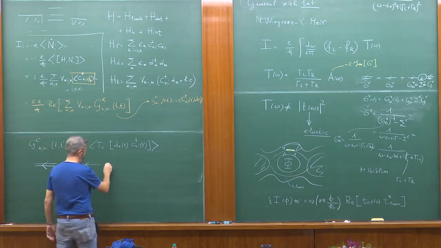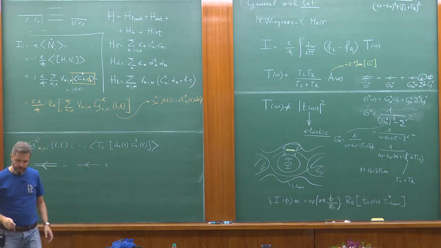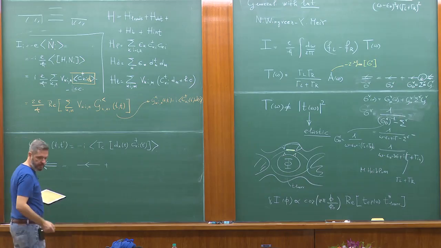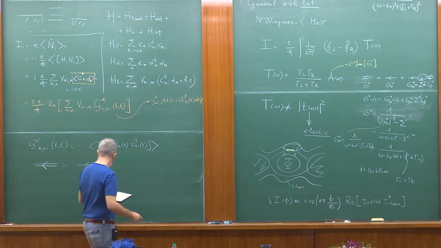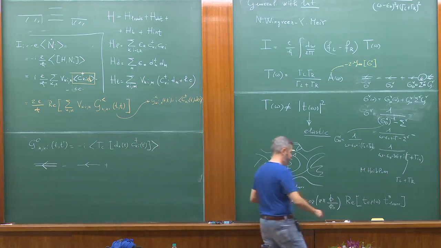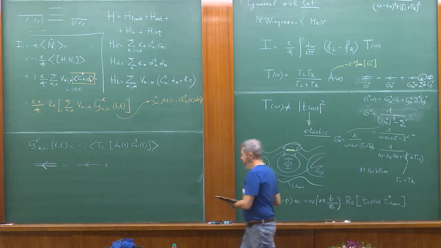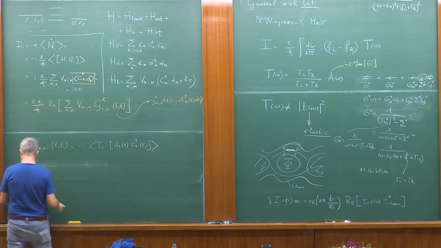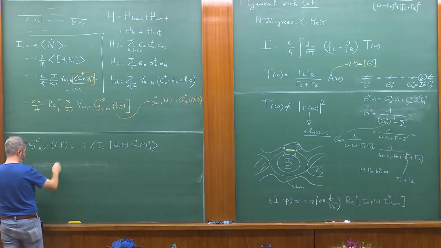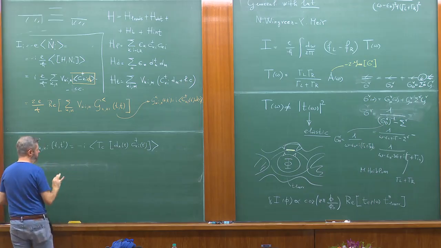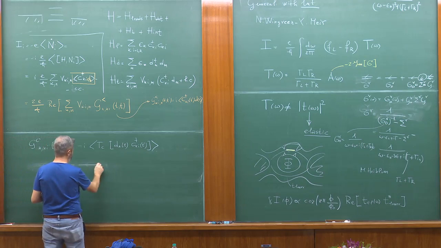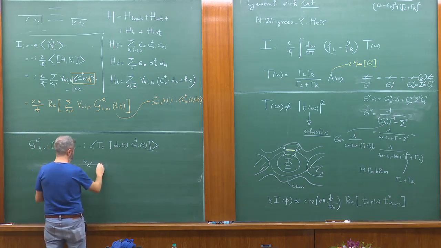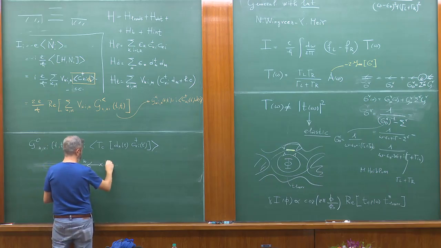the bare Green function. So this is the full Green function. Sorry, I have to write things more precisely. This Green function here is equal to, so the zeroth order term is going to be the Green function of n, then the tunneling vertex, and ki.